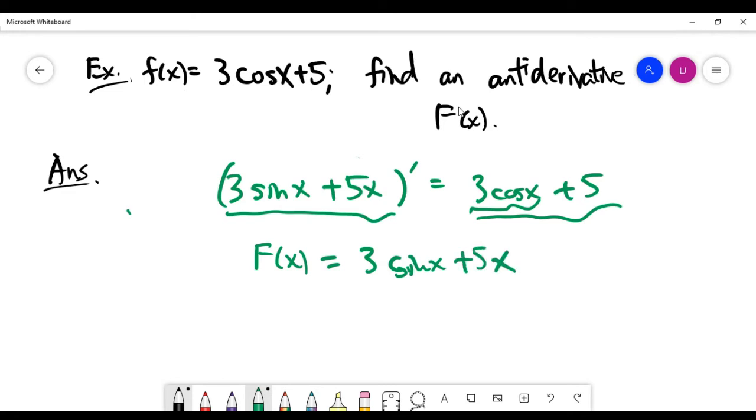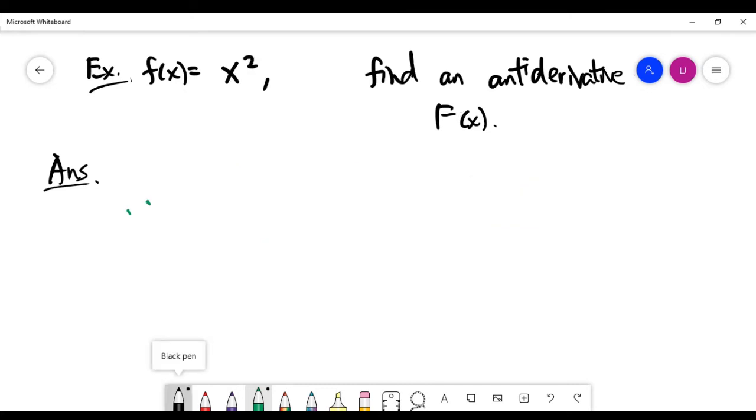Let's look at another example. Now you're given a function x squared, and let's find an antiderivative of the x squared. Once again, you have to make a good guess. What function would you guess such that if you take the derivative of it, you'll get x squared? If you are familiar with the power rule in differentiation, you would notice that we definitely need something like x cubed.